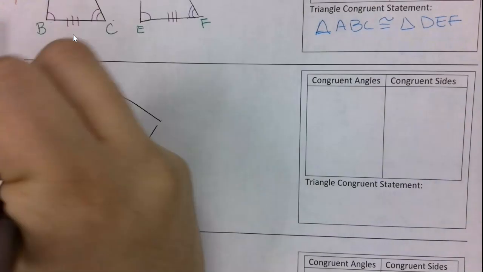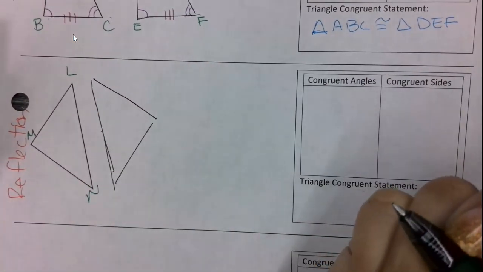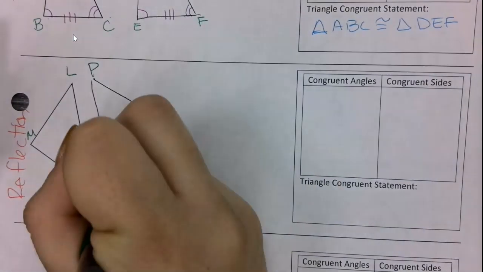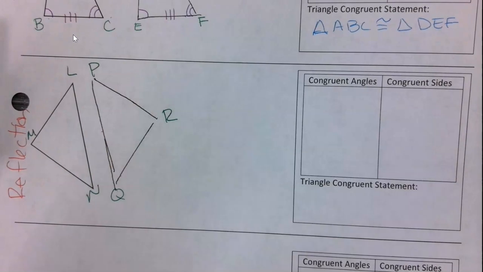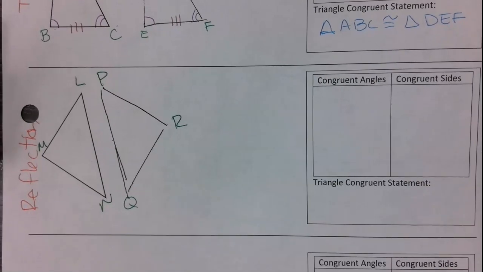This one I'm going to name LMN, and the next one starts with PQR. Okay, so what do I have for my congruent angles here?